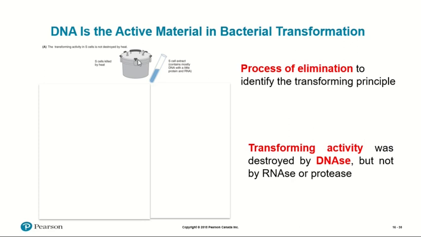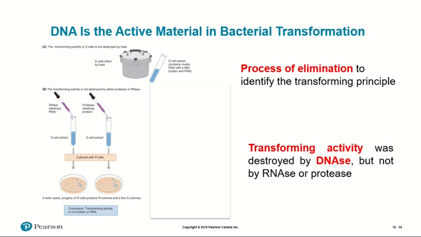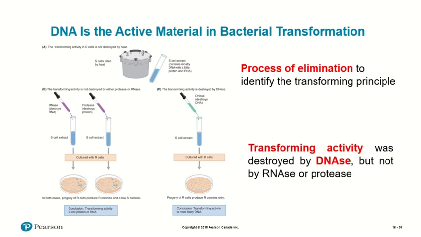So they heated the S bacteria and, through elimination, used the enzymes: this one breaks the RNA, this one breaks the protein, and this one breaks the DNA. In that way they can judge which molecule was in charge of the transformation principle, because if they break it, they will not see a transformation.